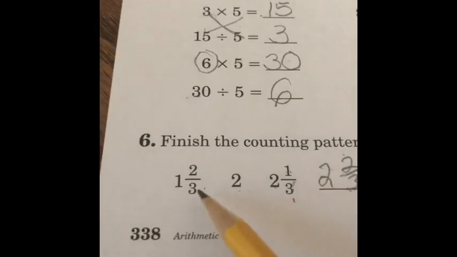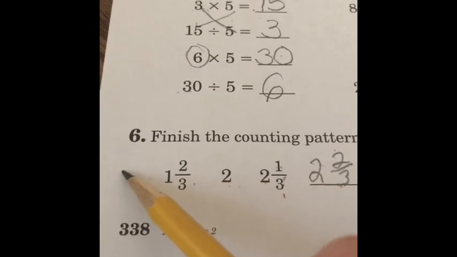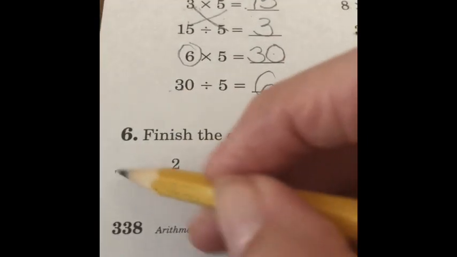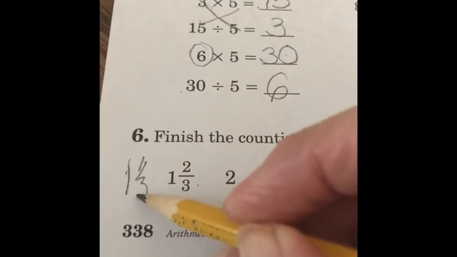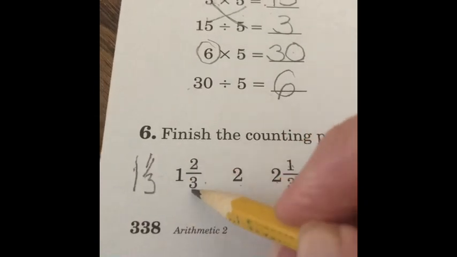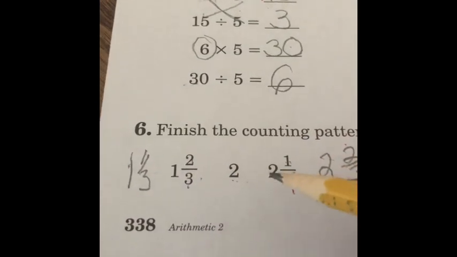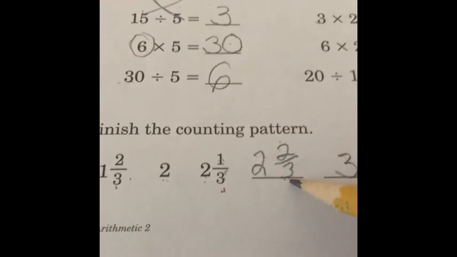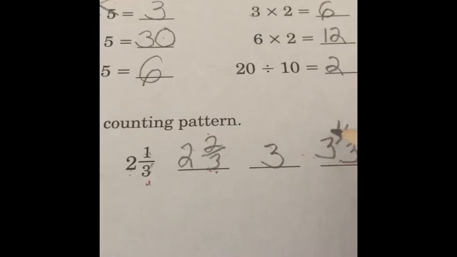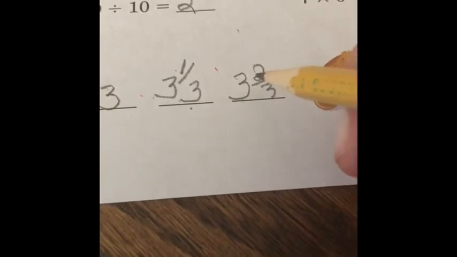Okay, so this would be 1 1/3. If I started it, it would be 1 1/3. Okay, and then 1 2/3. 2, and then 2 1/3. 2 2/3. 3 1/3. 3 2/3.